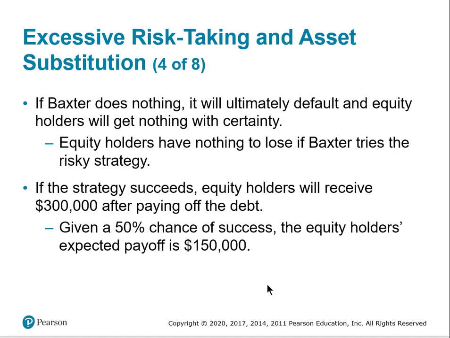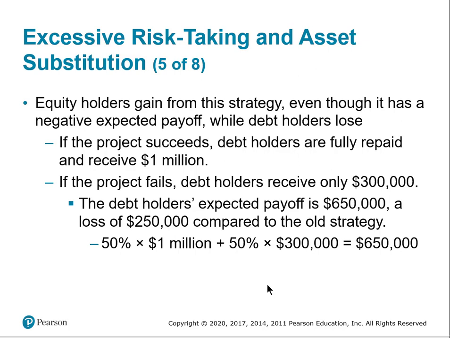If the strategy succeeds, equity holders get $300,000 after they pay off the debt. So given a 50-50% chance of success, equity holders actually have an expected payoff of $150,000. So even though it has a negative net present value, shareholders may want this because they have a potential to gain.